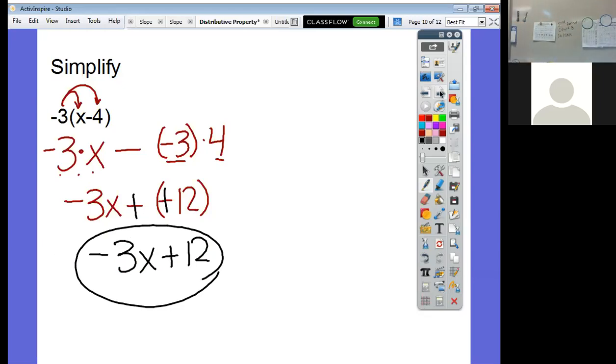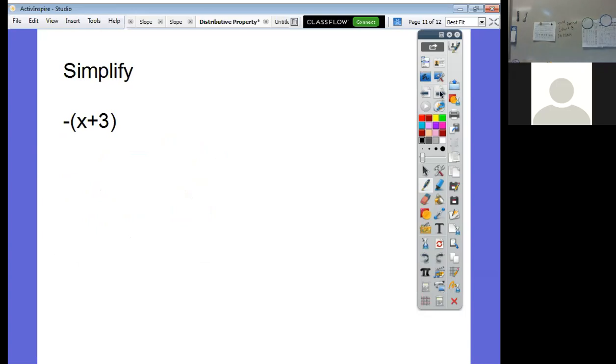Last example. All right? Oh my goodness, what the heck? Mrs. Parker, there's no number out there. There's just a negative sign. Well, what's the invisible number? You're right. There's an invisible 1. Okay? So, bottom.